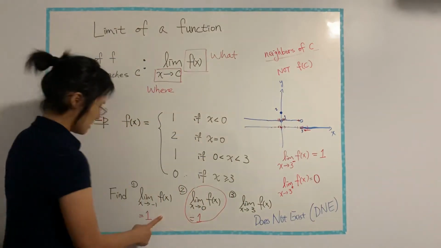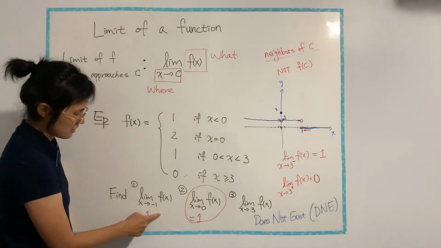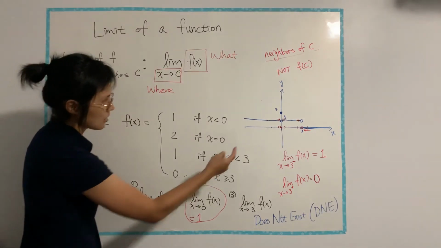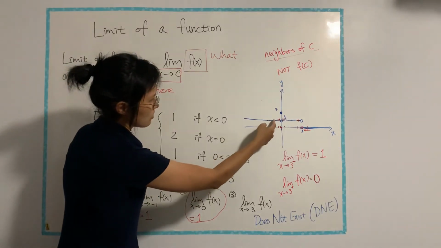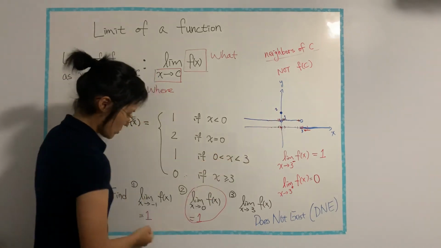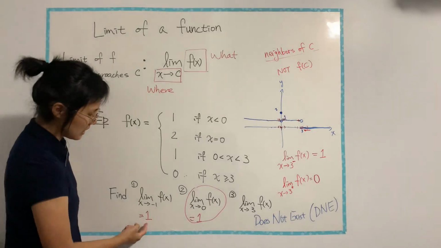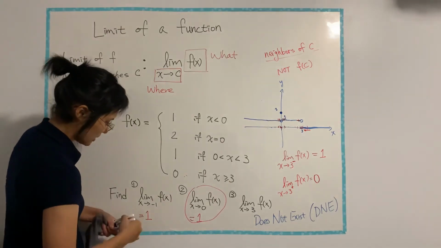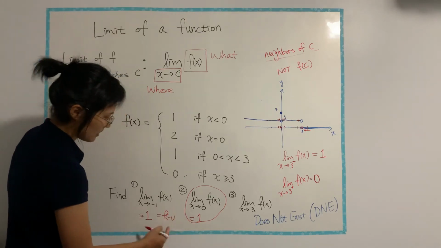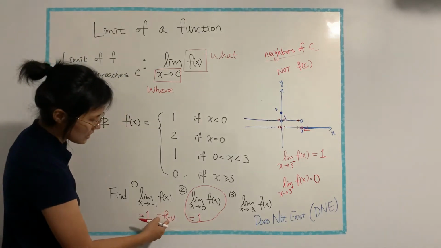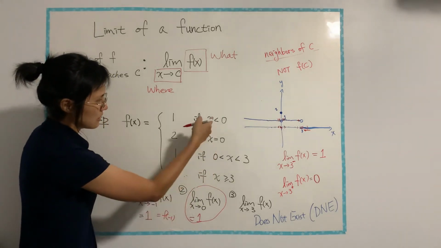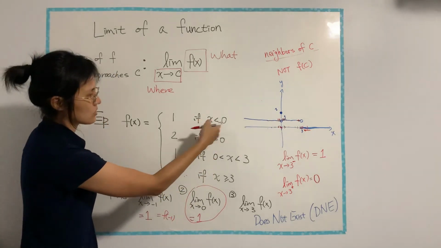And the last case, which is our first case, is when x approaches -1, and we can see that in this case, the limit also equals the function value, meaning this also equals f of -1. Why? Because when x equals -1, which category does it fall into? It's this one, because -1 is less than 0.